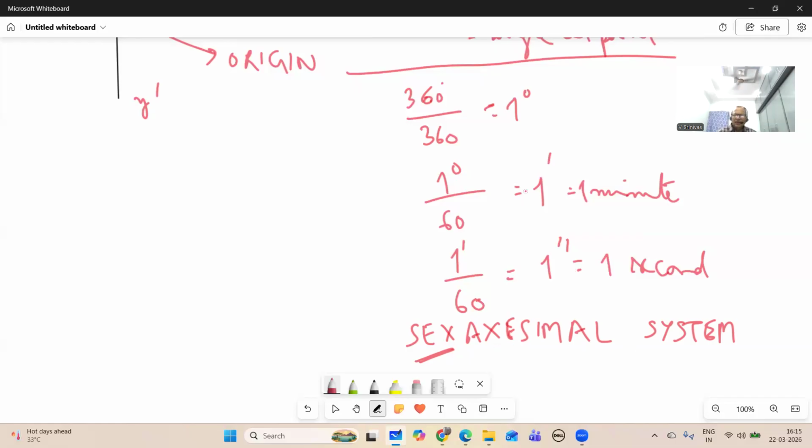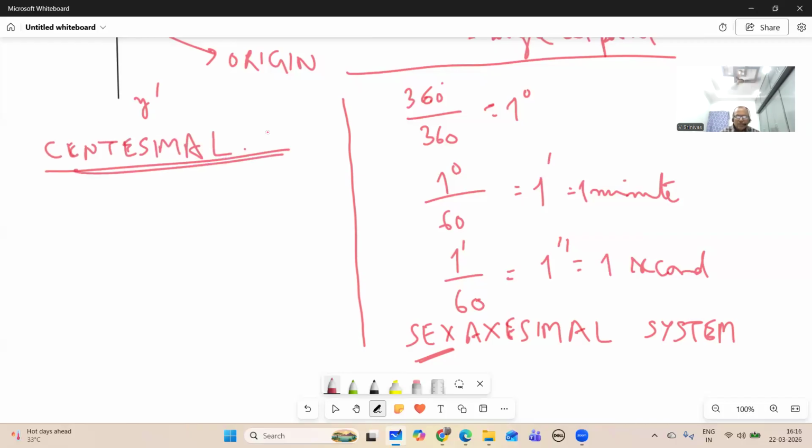That's how this method of measuring angles is called the sexagesimal system. There is another equivalent system of measuring angles, that is called centesimal. And this is the centesimal system of measuring angles.